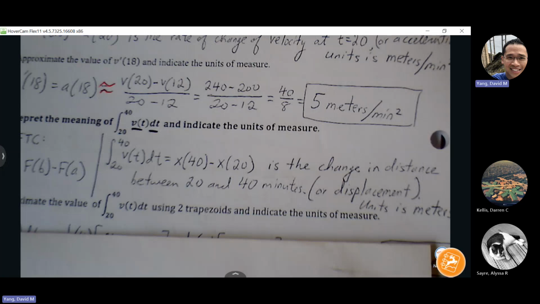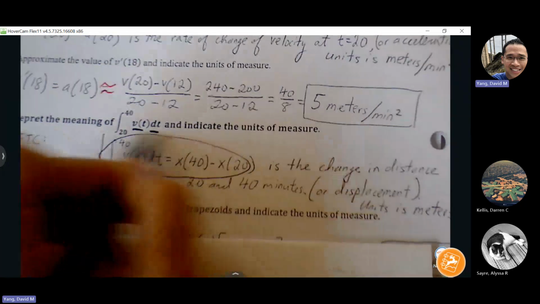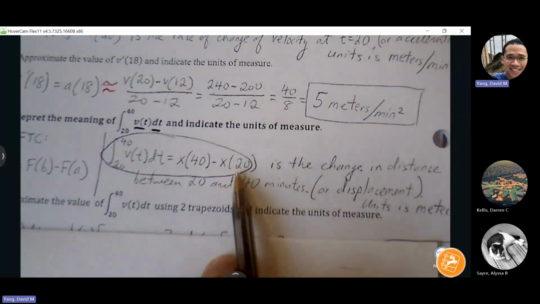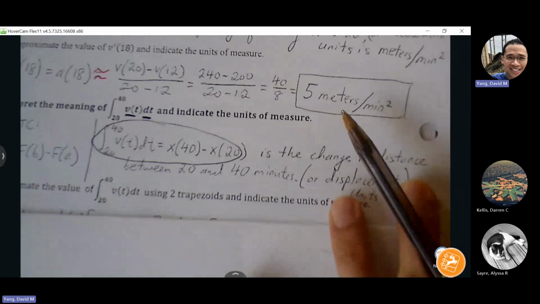You don't have to show the formula, but I want to prove to you why it's a change in distance. If we subtract those two, that tells us how much she's traveled in between those 20 minutes. It's a change in distance.